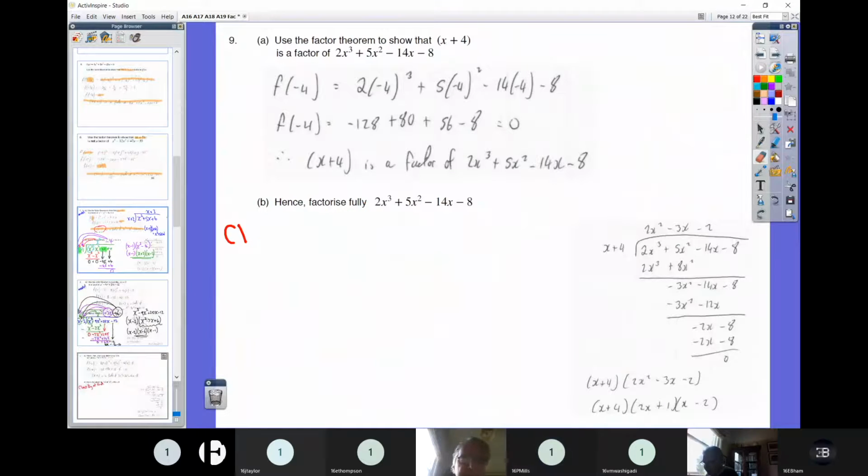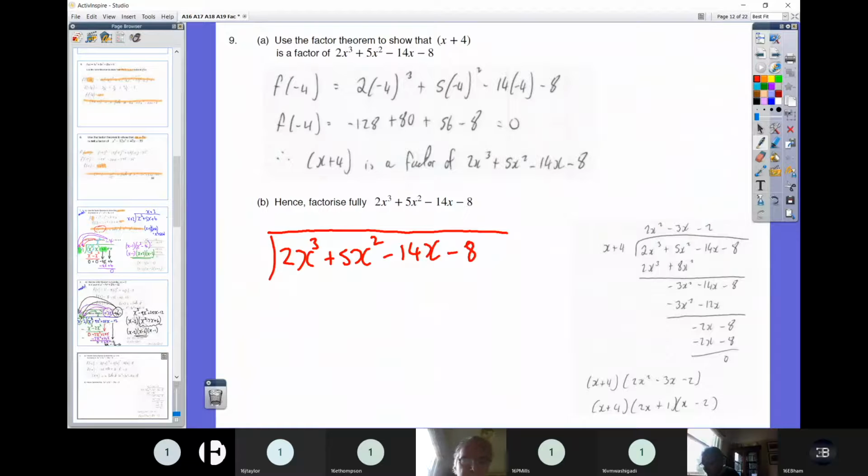So we're just going to set ourselves up. We're going to have 2x cubed plus 5x squared minus 14x minus 8, and we are going to divide that by the part A factor, which is x plus 4. So what do you think we do first? What bits do we focus in on, Poppy?